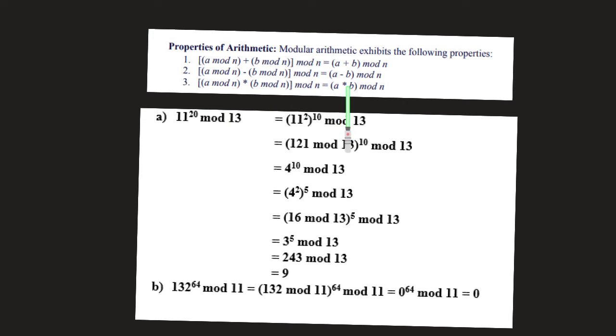So you want a times b's modulus with n, and you simply take this mod inside. That is, a mod n times b mod n, and then mod n. So you can easily generate this. For example, a squared mod n is simply a mod n times a mod n again, and so on.